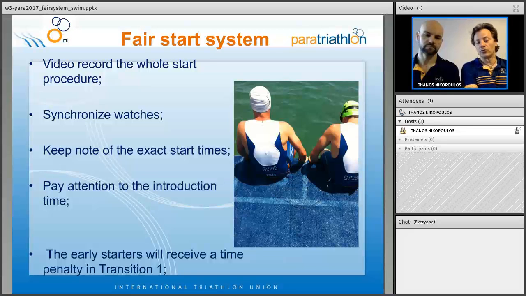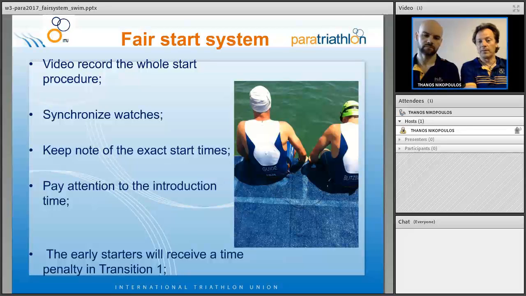What is essential to take care of in the start process is obviously to video record the whole start procedure, especially in those classes that have the staggered start time. You have to make sure that you're synchronizing your watches, start officials with the technical delegate, and obviously the timers.